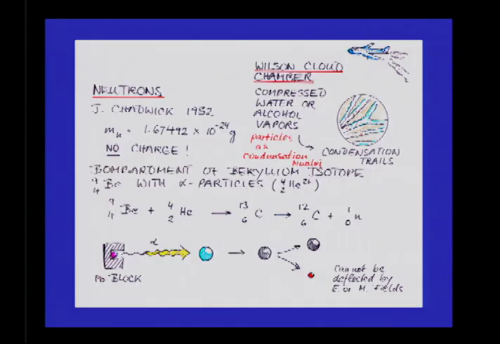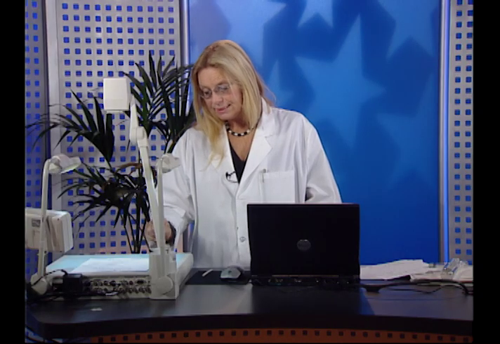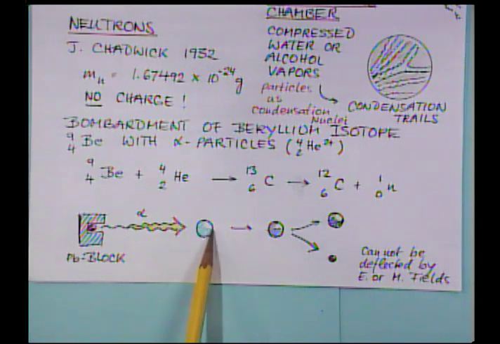They come from a natural radioactive source, and fast movement of these particles collide with these target atoms, and something happens. The internal nucleus is disrupted a little bit or shaken up, let's say, and we get two new particles coming out.